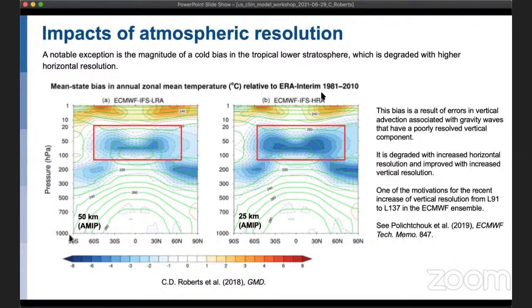And this bias is one of the motivators for a recent increase in the number of vertical levels of our ensemble system from 91 to 137 levels. And there's lots more detail on this in some of the tech memos by Inna Polichtchouk et al. available on the ECMWF website.